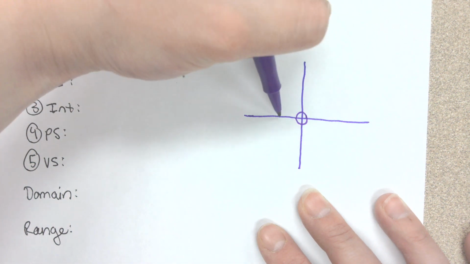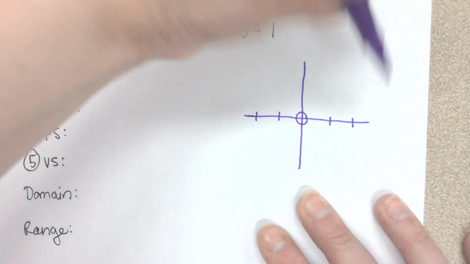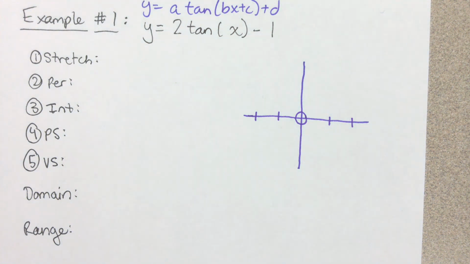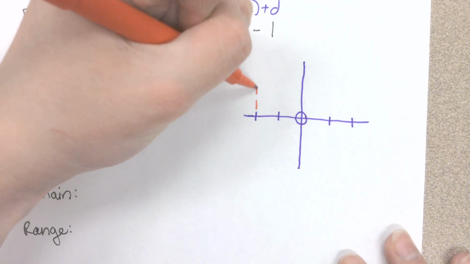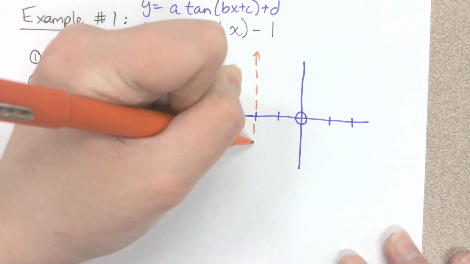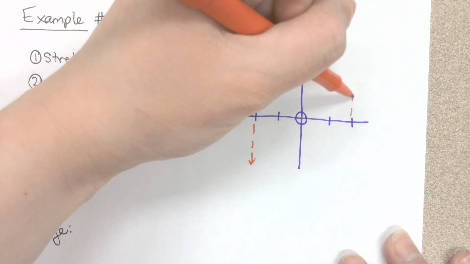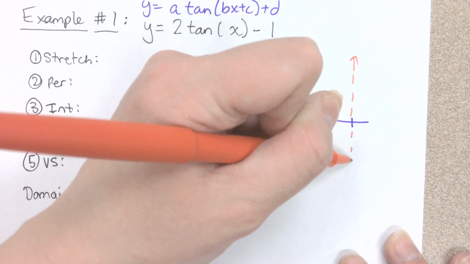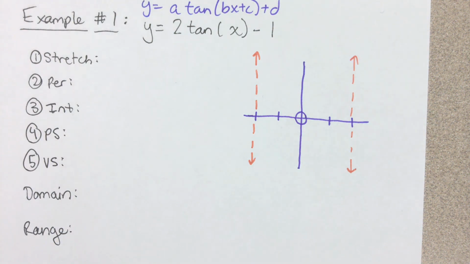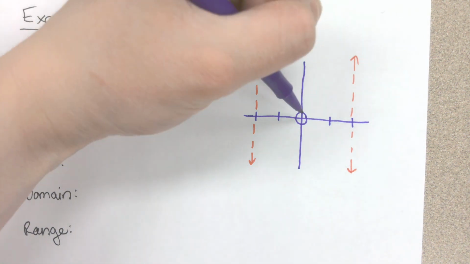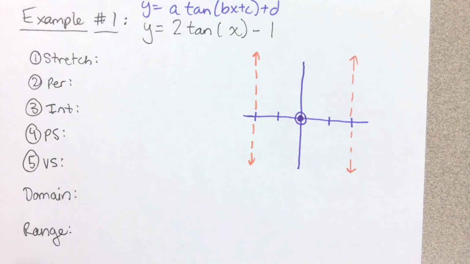Starting at the origin, 2 intervals, left and right. On the outsides, we have our asymptotes. They basically block off the curve. Asymptote on either side, 3 points in the middle there. And the middle point is always on the midline.